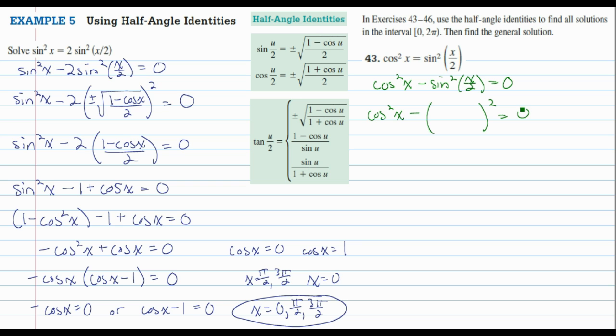So I'm going to square the expression for the identity for my half angle, plus or minus the square root of 1 minus cosine of x all over 2. And then now I'm squaring a square root, so that disappears. What does not disappear this time is that denominator.